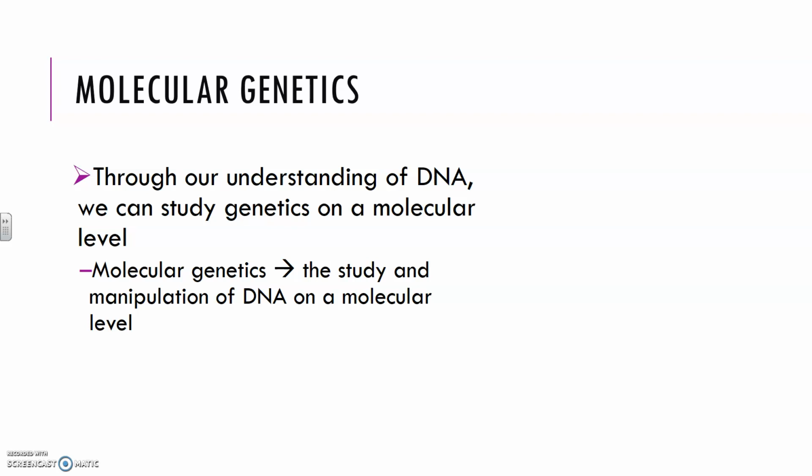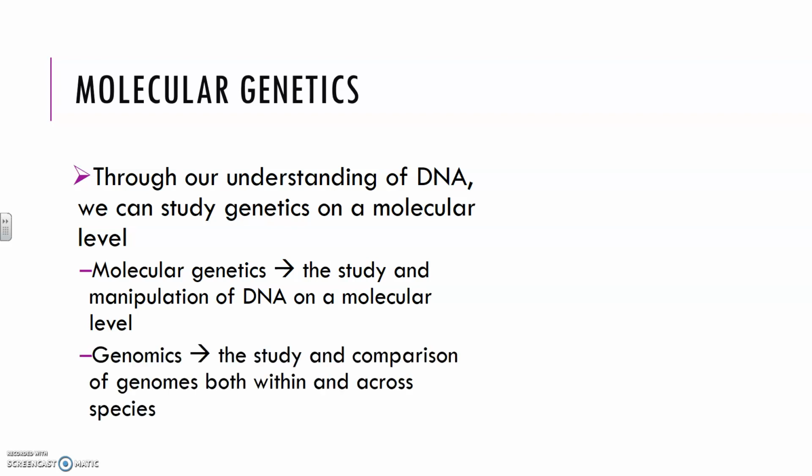Their orange trees are better able to survive that kind of thing because of this manipulation of DNA. A lot of this is not necessarily in food, but in research. For example, you can manipulate bacterial DNA to insert genes.